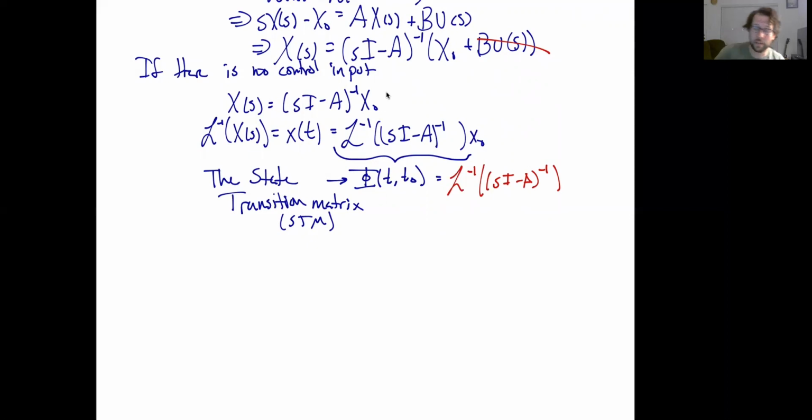For linear time varying systems, the state transition matrix is a little trickier to figure out, but it can be done.